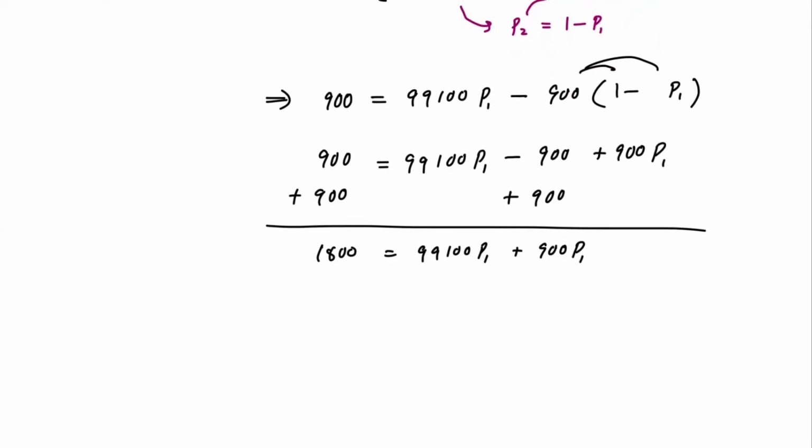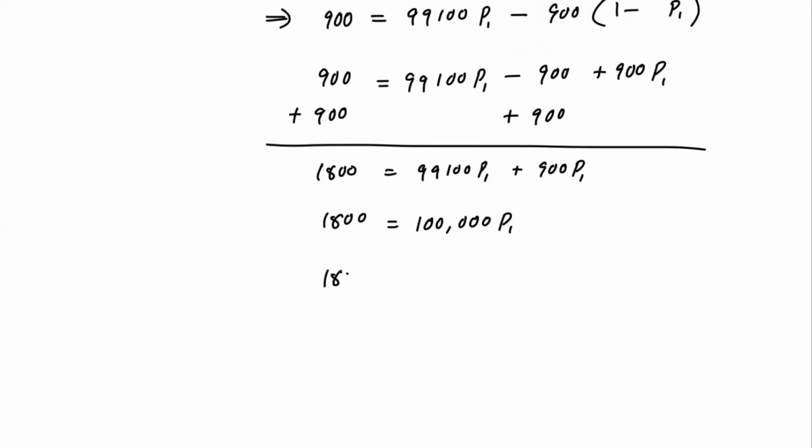Since both of these are like terms, we can add up these coefficients and tag along P1. That gives us 100,000 P1 is equal to 1,800, and then we divide by 100,000. So 1,800 divided by 100,000 is equal to P1, which is the probability of winning.